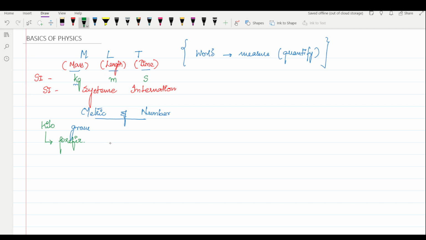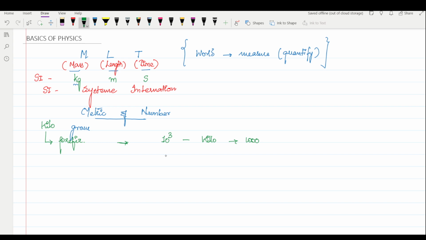In mathematics, we have a lot of prefixes for numbers. Stating one by one, I could tell 10 to the power 3 represents the kilo. The value is 1000.